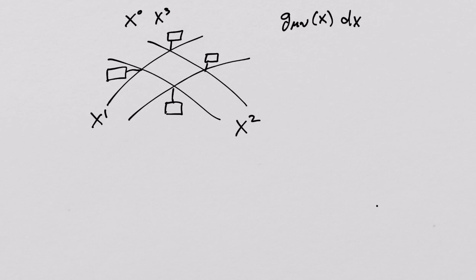I can write it this way: dx mu dx nu. This metric tensor is a function of space-time. It's the thing that, in some sense, establishes an inner product at every single point, because it is a metric tensor that exists at each point in space-time.